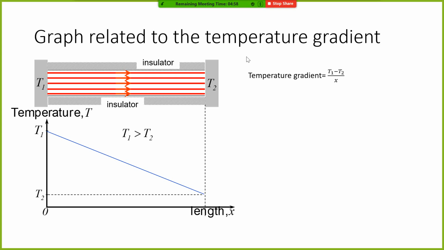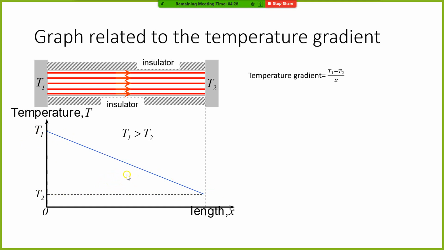So if I want to find the temperature gradient of an insulator for argument's sake, then I would expect that as the thickness or the length of the material increases, the temperature is going to decrease. It's not an inversely proportional relationship, my bad.